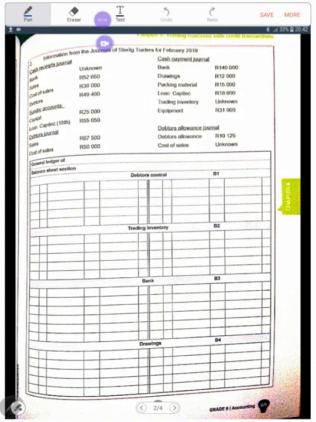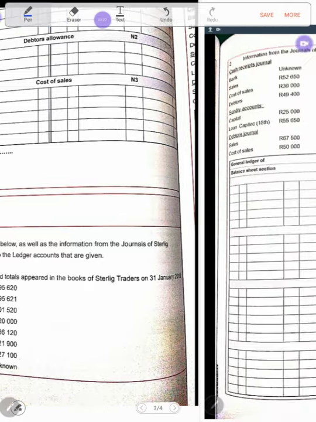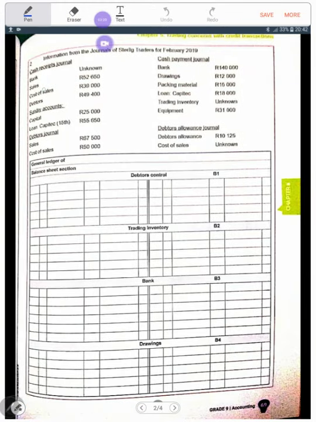And you basically have to work out the known and the unknown figures. Remember, the total of bank will be the sum of sales and debtors. If you are not very clear on the activity page, please turn to page 69 in your textbook.